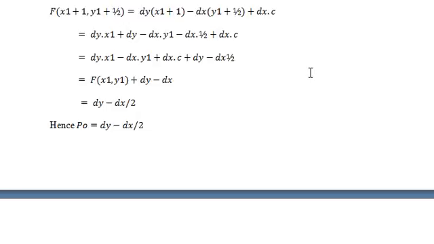If we put the m value, we get dy into x minus dx into y plus dx into c. So we get one function f of x is equal to dy into x minus dx into y plus dx into c.